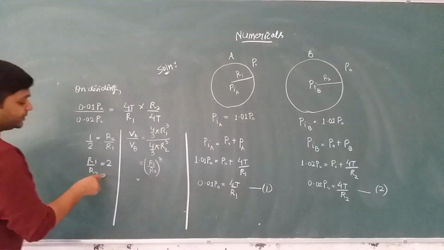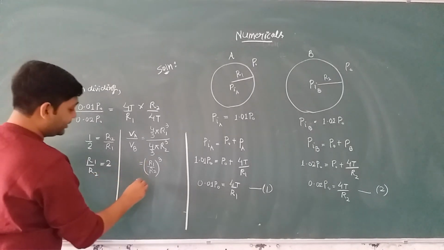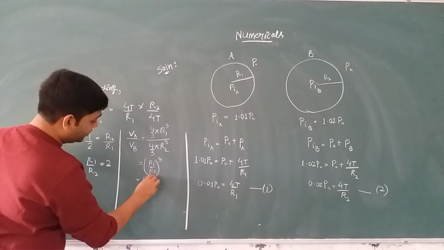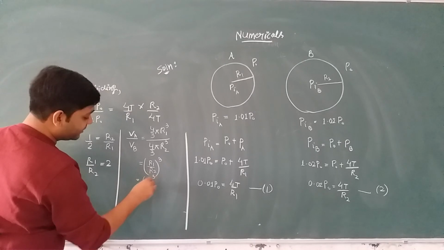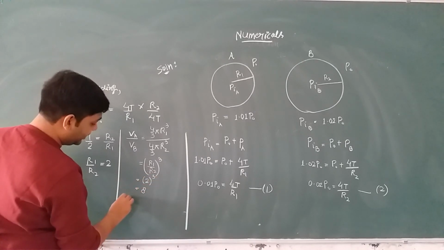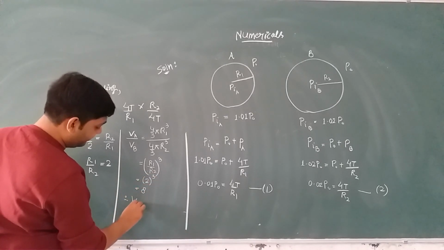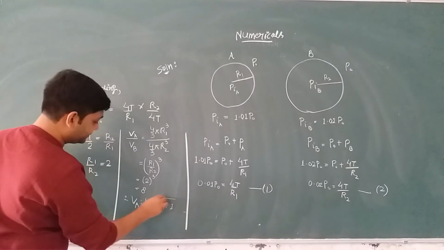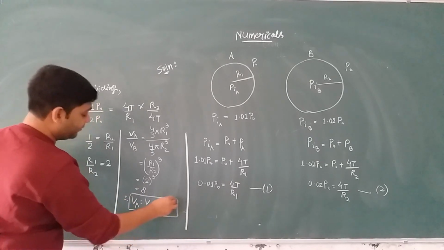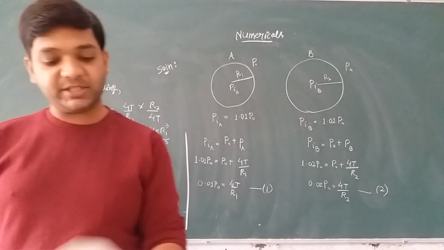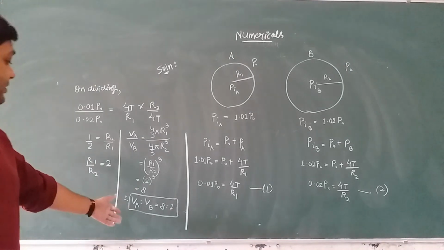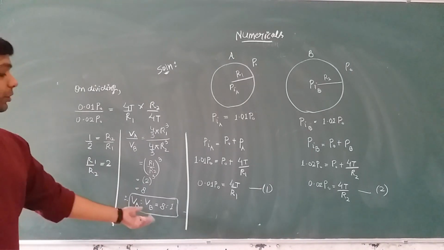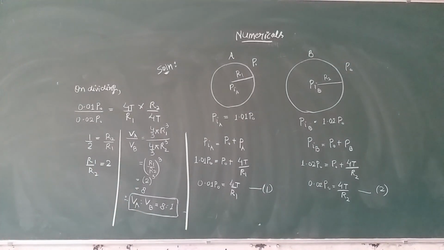Now we can substitute the value of R1 upon R2, so it becomes 2 cube, which is 8. Therefore, VA is to VB comes out to be 8 is to 1. This is the ratio of their volumes. Let me check the answer. Yes, the answer is correct, and the ratio of their volumes is 8 is to 1.